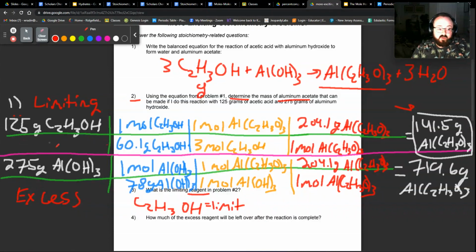But how do we do this? Well, we need to do more stoichiometry. We need to convert my 141.5, which is how much I'm actually going to get, theoretically, into my excess reactant to see how much of it was actually used.